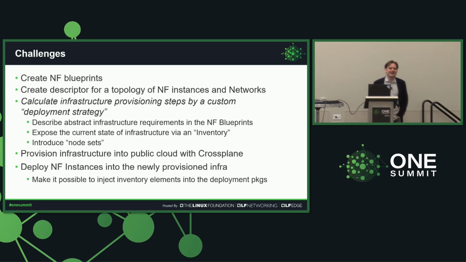The second thing I had to add to the network function blueprints was the capability to inject pieces of information, data about the current state of the infrastructure, namely information about the target cluster where the network functions will be deployed, the information about the node sets where the network function will be deployed, and to create an automated way to distribute this information and reconfigure the actual custom resources belonging to the workloads of the network function instance.